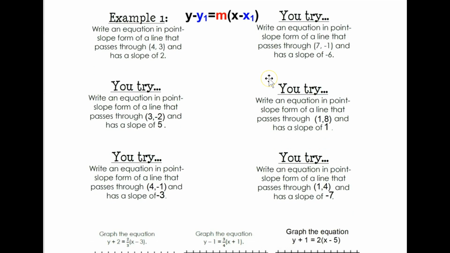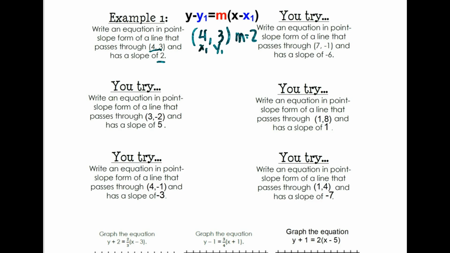All right. So example 1, it says write an equation in point slope form of a line that passes through (4, 3) and has a slope of 2. This is so simple. All I'm doing is plugging in my point and my slope in the original place. If my point is (4, 3) and my slope is 2, then this is my x sub 1, this is my y sub 1.